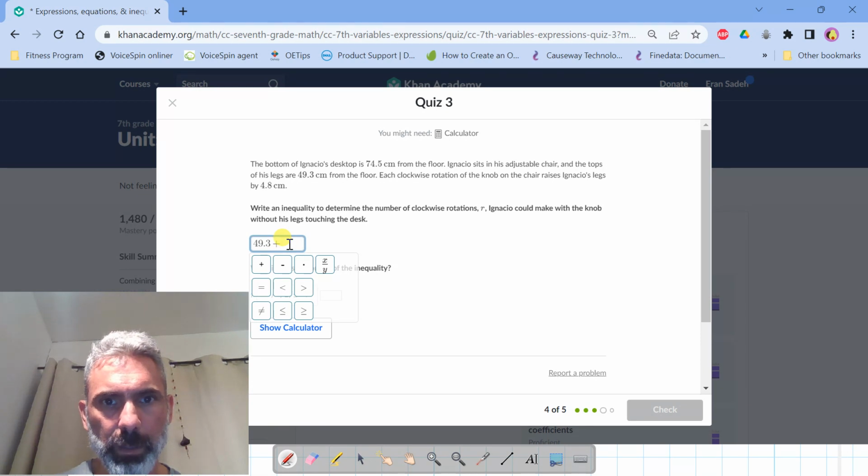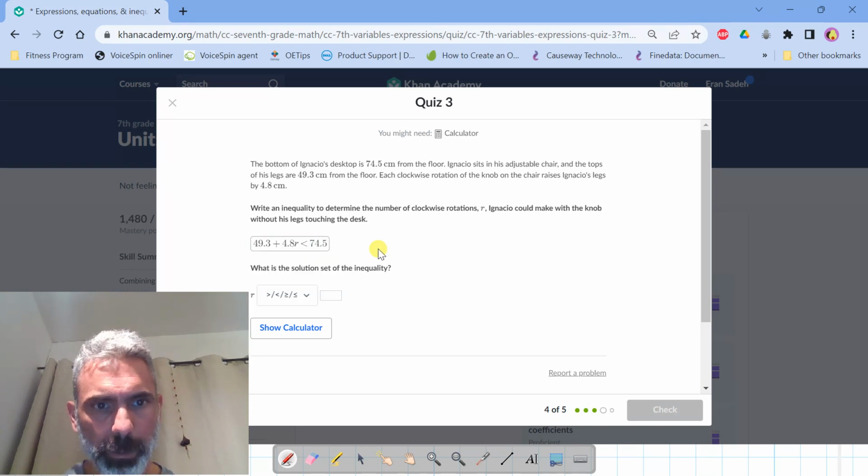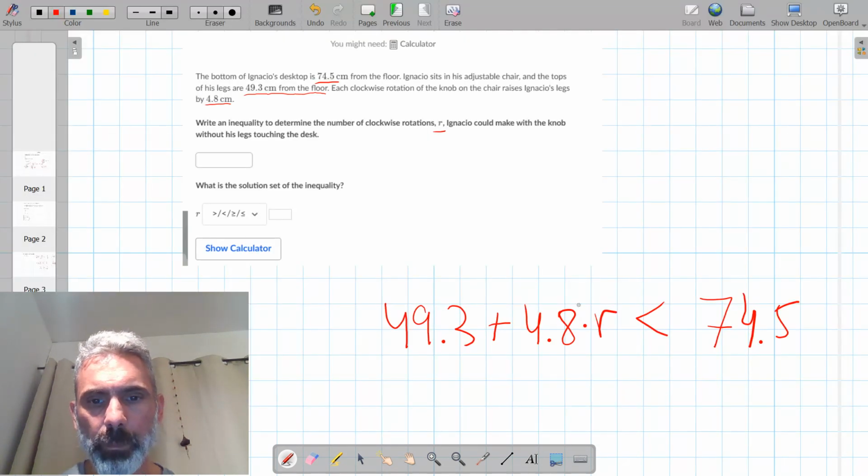We add 4.8 times R, which is the unknown number of rotations. It has to be less than 74.5. So this is the inequality. What is the solution set of the inequality?